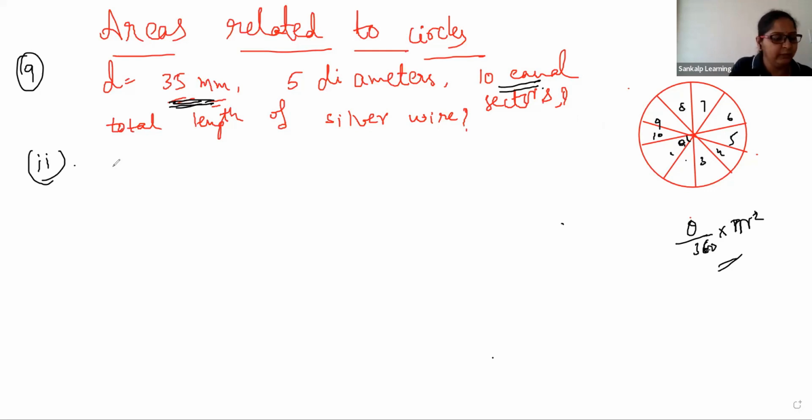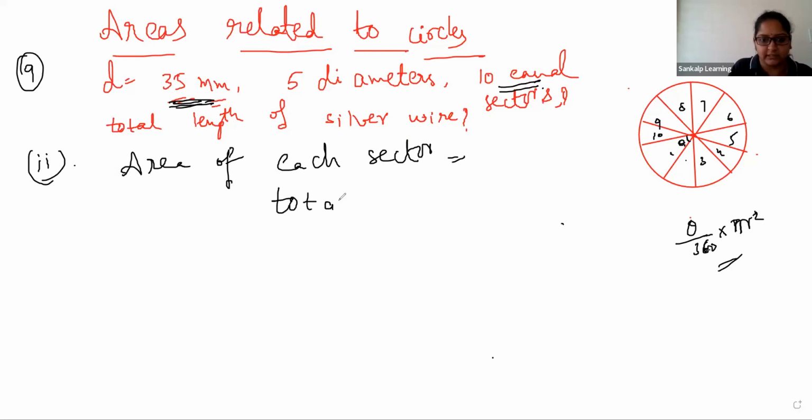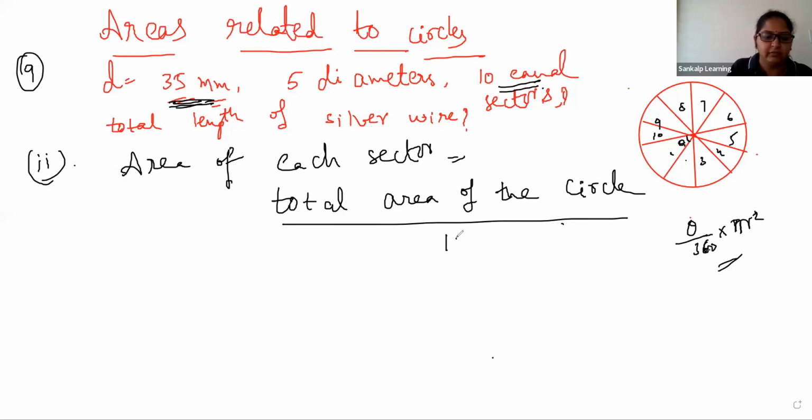So first we'll find the total area of the circle. Each area of each sector is equal to, how do we find it? Total area of the circle divided by 10, the number of sectors.